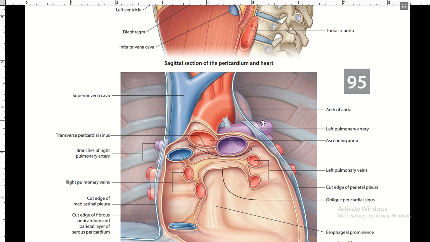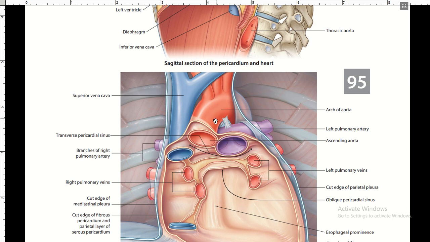At the level of the sternal angle, you're going to have the arch of the aorta. The ascending aorta continues as the arch of the aorta, which gives its branches, also contents of the superior mediastinum, and then it goes down, backward and to the left.